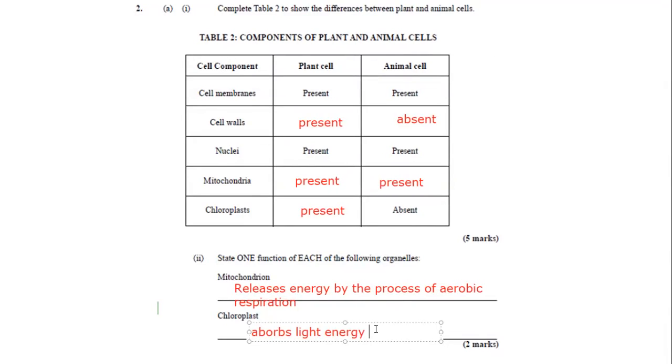You can see fine? Yes, ma'am. Miss, it doesn't absorb the green, right? No, it doesn't. Oh, okay. Thank you, miss.